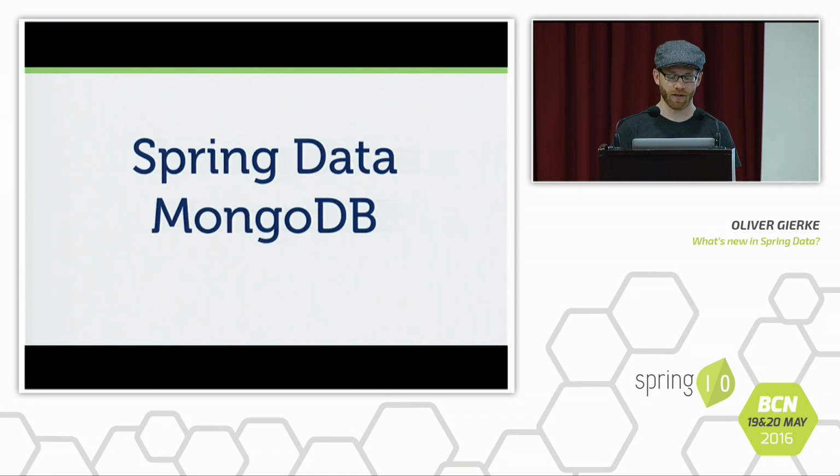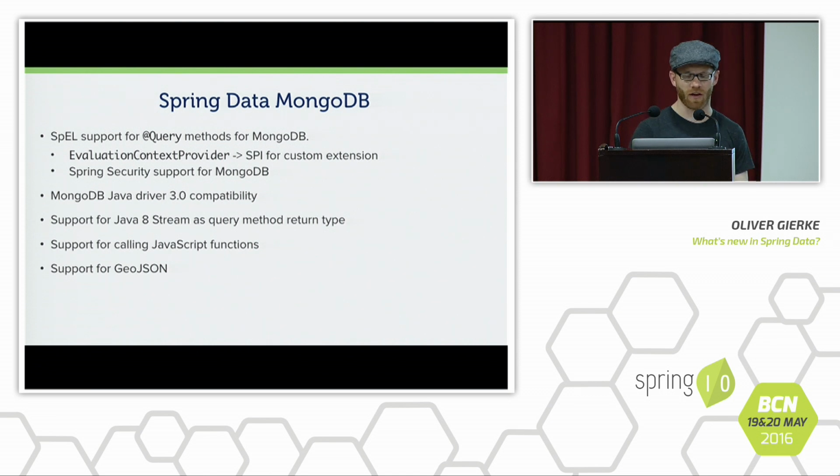That's all in there. In Spring Data MongoDB, there's a bit of other stuff that we ship. There is some SPI in Spring Data Commons again that allows you to contribute extensions for SpEL to be used in query methods. So you can use SpEL expressions in query methods, which is very handy.